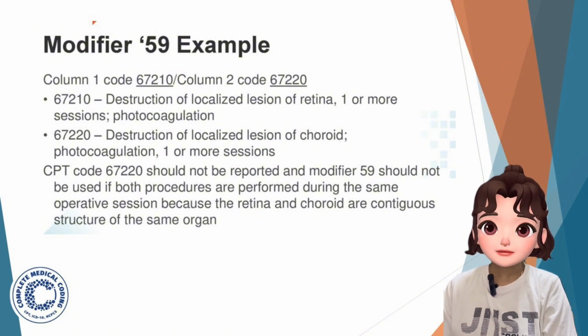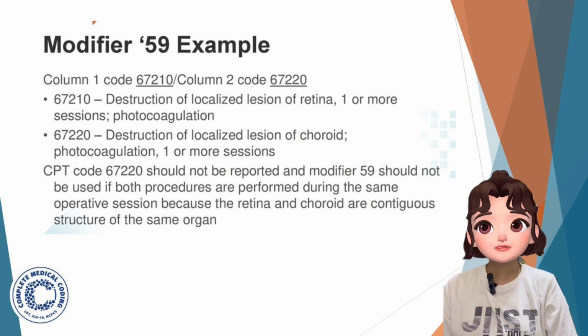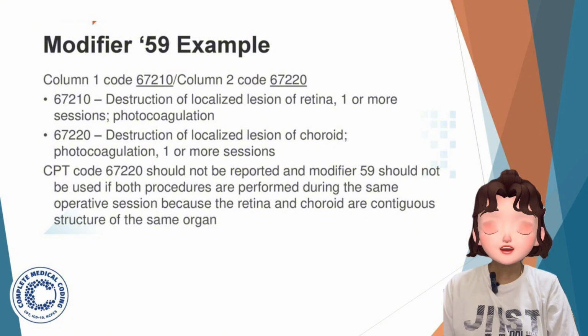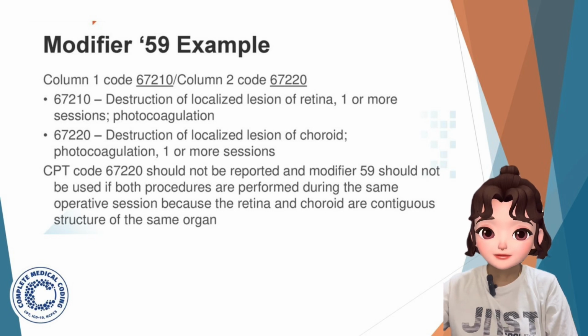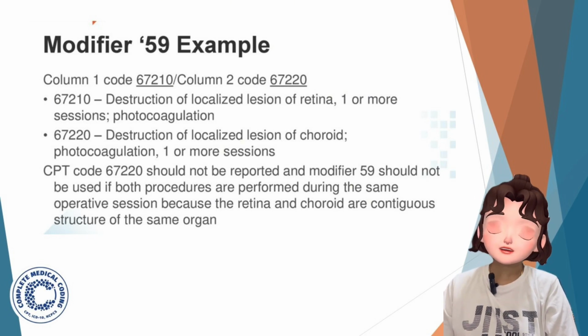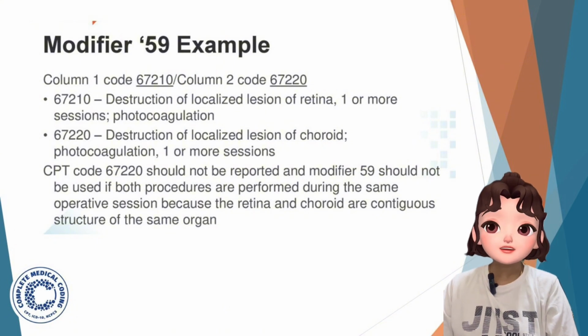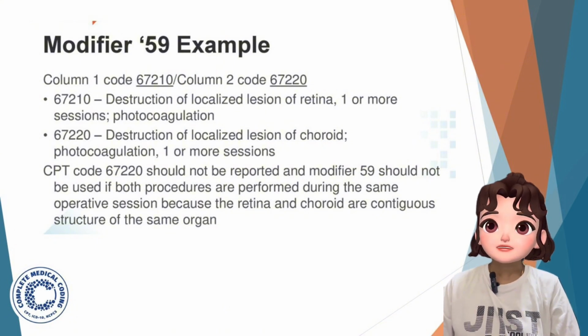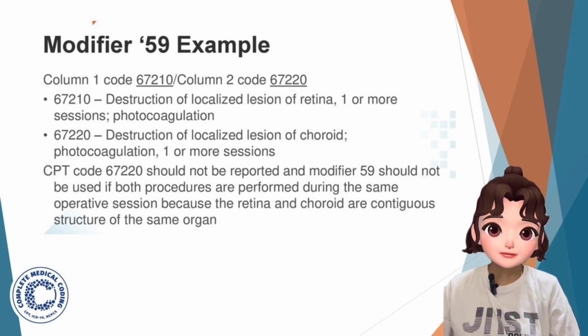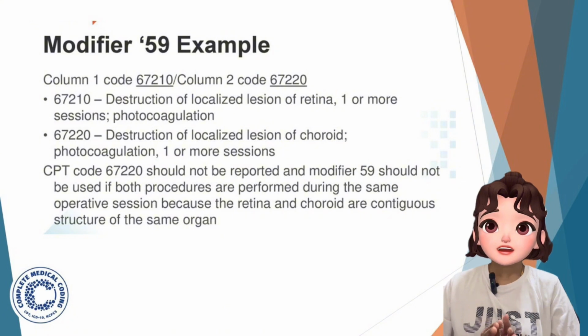CPT code 67220 should not be reported and modifier 59 should not be used if both procedures are performed during the same operative session, because the retina and choroid are contiguous structures of the same organ. We should not report both these CPT codes together, and we should not report the 59 modifier.